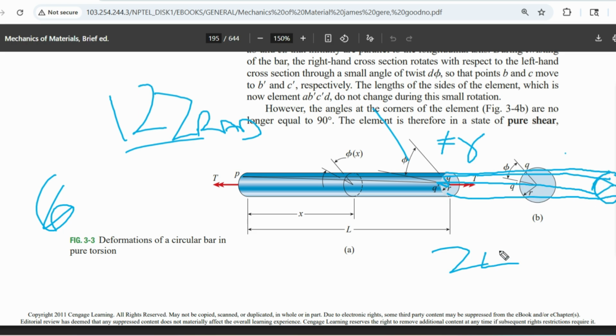So if we keep lengthening this bar, we would be able to rotate the whole thing a full circle. This angle would helix around, and this angle would still represent the max shear.